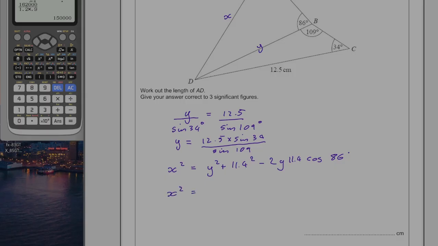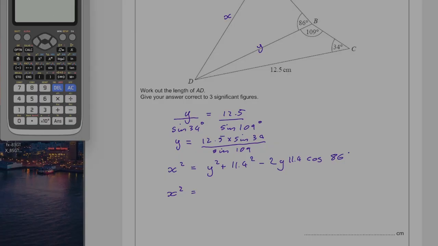So we will go. Right. So I'm going to type it in as a fraction. 12.5 times by sine of 34. Just trying to double check my numbers as I type. Divided by sine of 109.